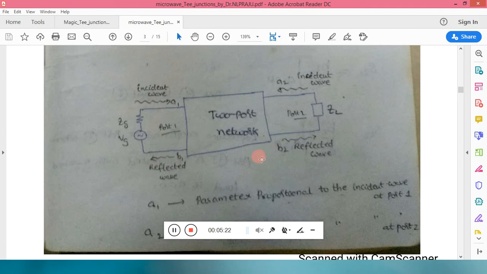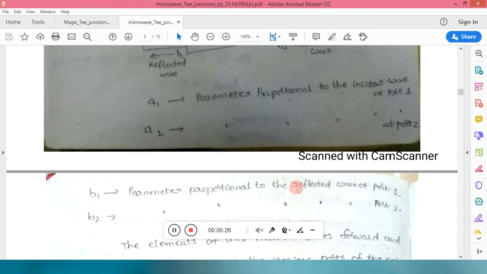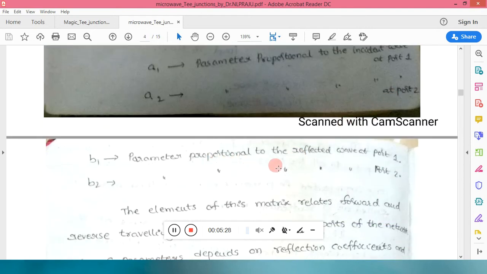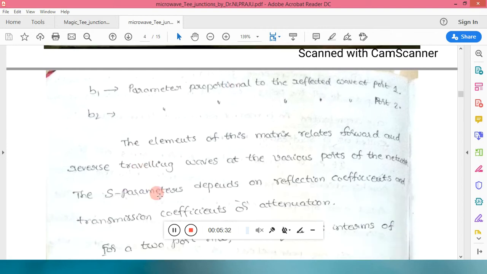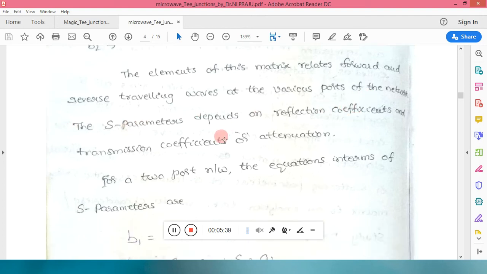So this is port 1 and port 2. A1 is the parameter proportional to the incident wave at port 1, A2 is the parameter proportional to the incident wave at port 2, and B1 and B2 are proportional to the reflected waves at port 1 and port 2. The elements of this matrix relate the forward and reverse traveling waves at the various ports of the network. The S parameters depend upon the reflection coefficients and transmission coefficients or attenuation.